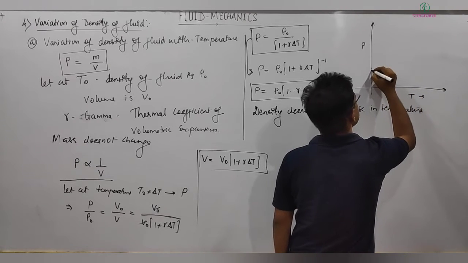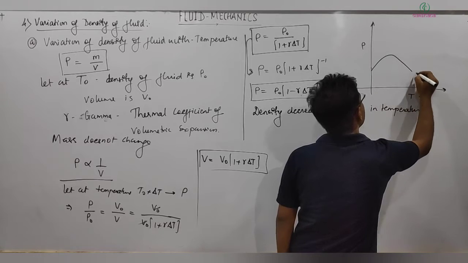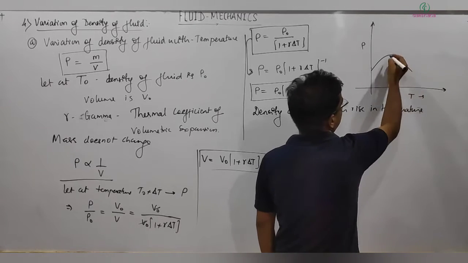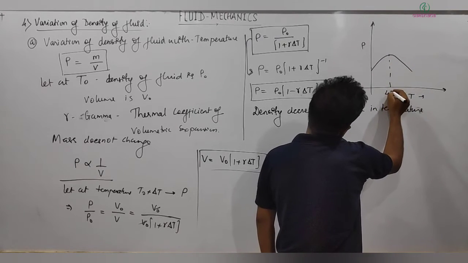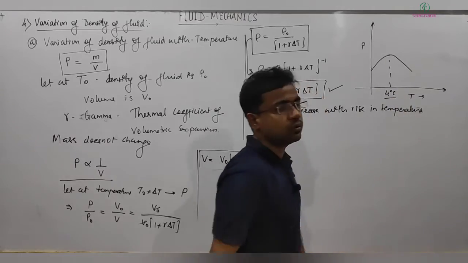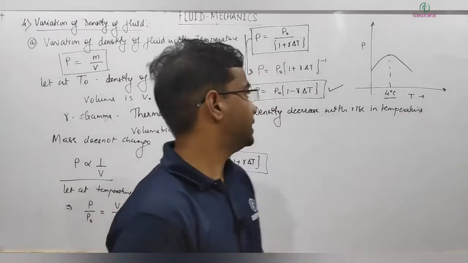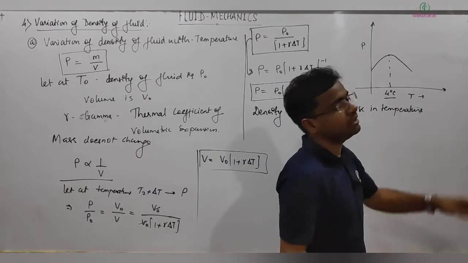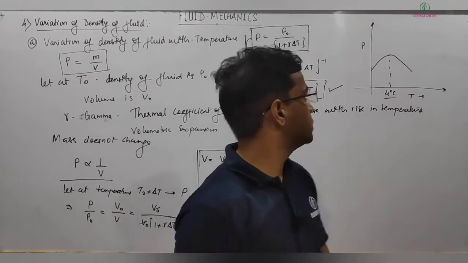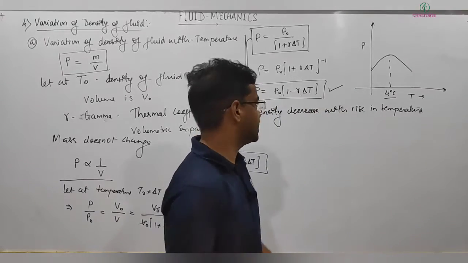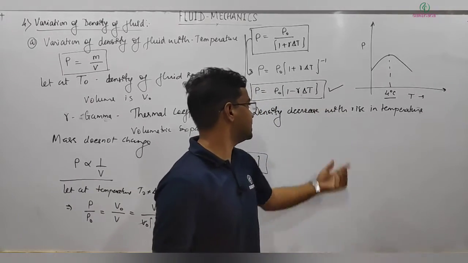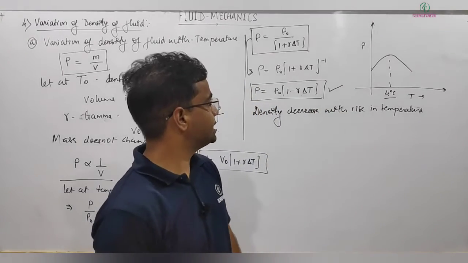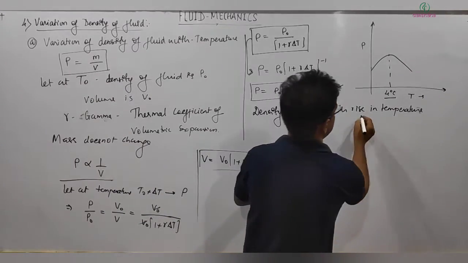At 4 degrees Celsius the density of water becomes maximum, and before that density is lower. If you heat it further, density will be lower. So water is an exception, otherwise in normal terms density decreases with rise in temperature.